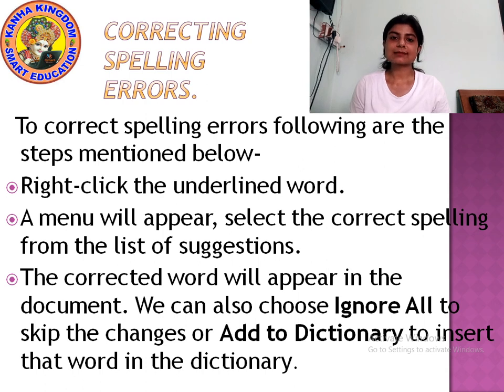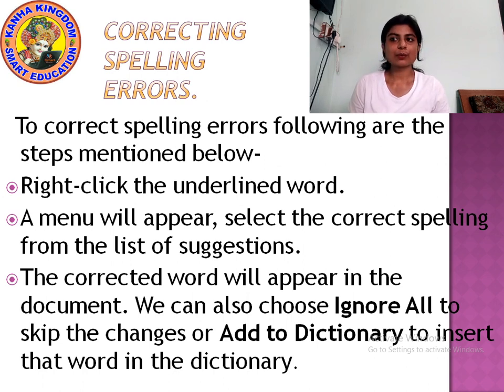This is how you correct your spelling errors in your document. These are the steps. Firstly, you right-click the underlined word. Then a menu will appear. You select the correct spelling from the suggestion box. Then the corrected word will appear in the document.